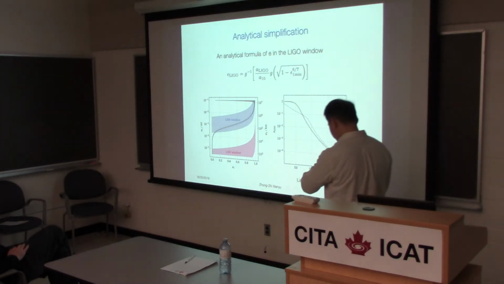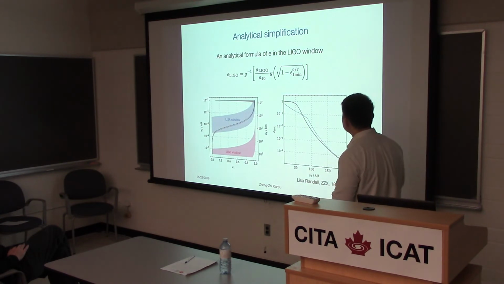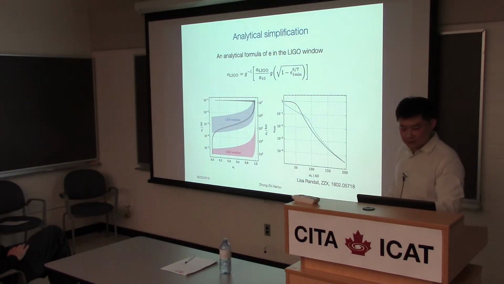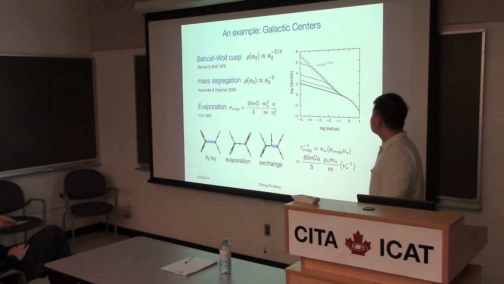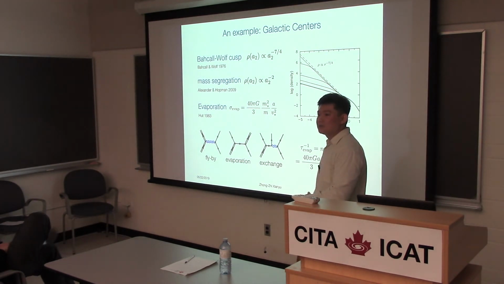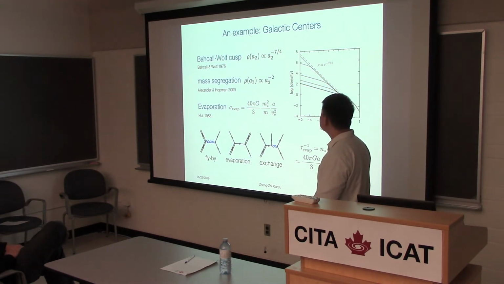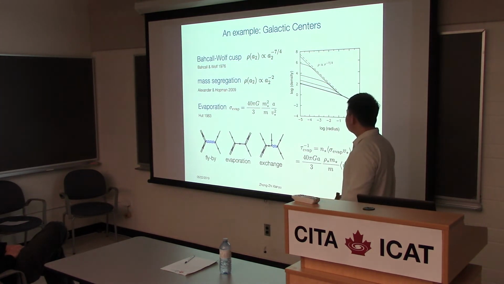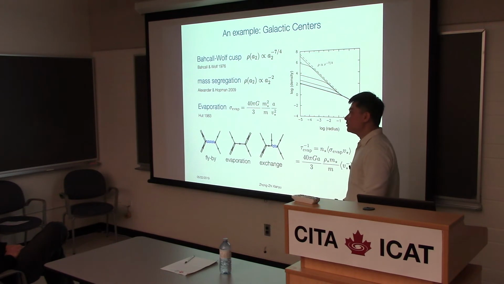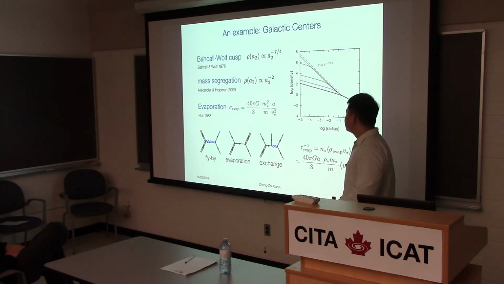And we put these formulas to use for several channels, like the galactic center, where we know that perturbation theory will work well. In this case, the final eccentricity will be very sensitive to the distance to the supermassive black hole, and thus very sensitive to your mass profile.